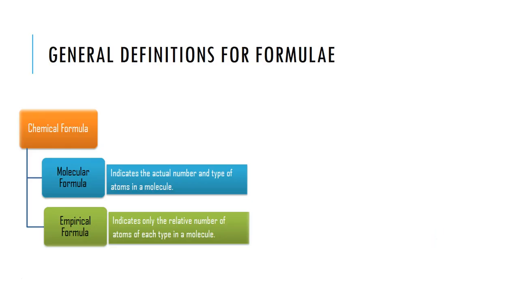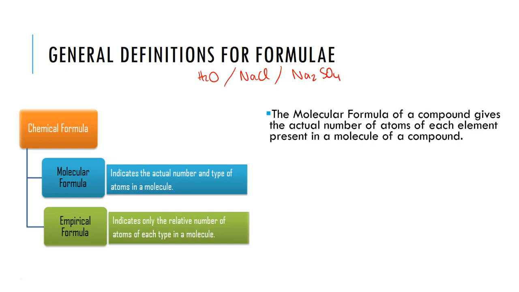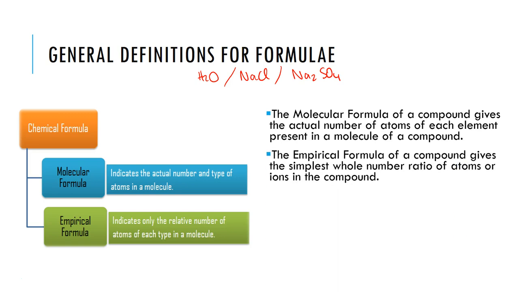Okay, so let's have a look at some definitions because we always need to have a few definitions. Okay, so we know what a chemical formula is. Something like H2O or NaCl or Na2SO4, something like that. Okay, they're chemical formulas.